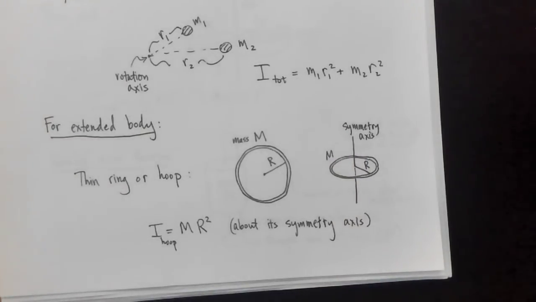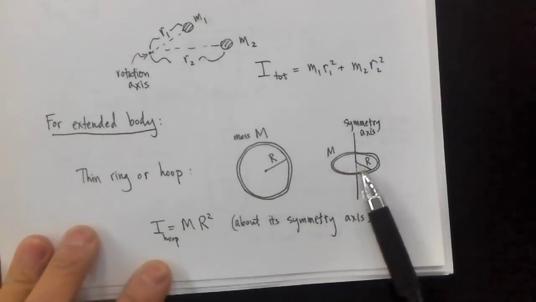If you hear the word symmetry axis, it means you have something that's circular and the axis is piercing through the center of that circular object. Sometimes they call that the longitudinal axis or symmetry axis or central axis. They all mean the same thing. Any questions?